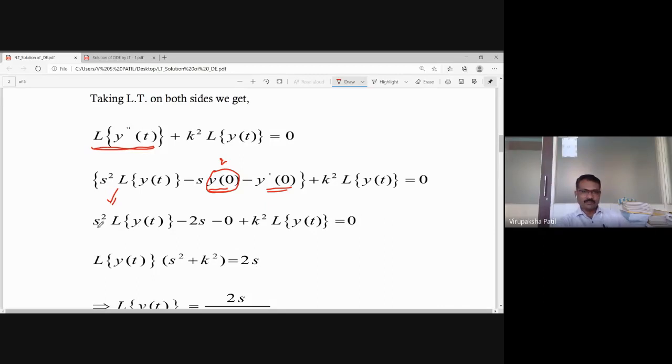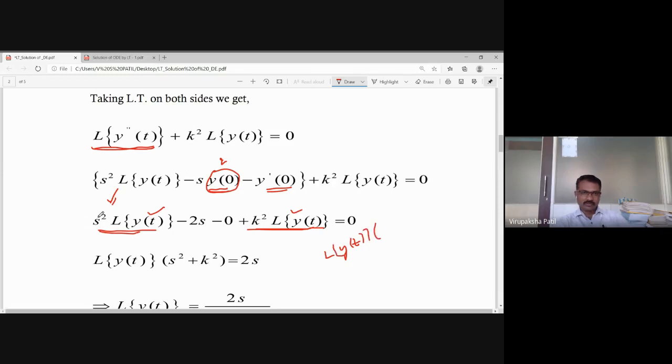Okay. Now, please concentrate. Observe this term and this term. From these two terms, you have one thing common. What is that? L of y of t. From this term and from this term, you will take L of y of t common. If you take L of y of t common from those two terms, what are you left with?